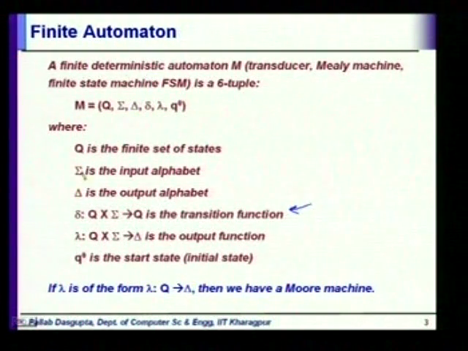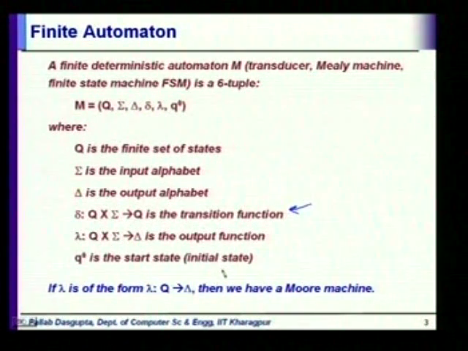It is going to map from Q cross Σ to 2 to the power of Q. Or in other words, we are going to have this as a transition relation, so we will have δ, which is a subset of Q × Σ × Q. Is that clear? So, the difference between a deterministic and a non-deterministic automaton is essentially in the transition relation. In a non-deterministic one, it is a transition relation, and in a deterministic one, it is a transition function.